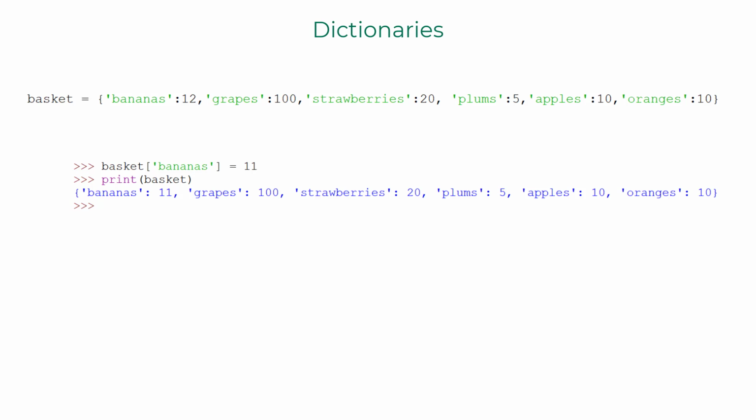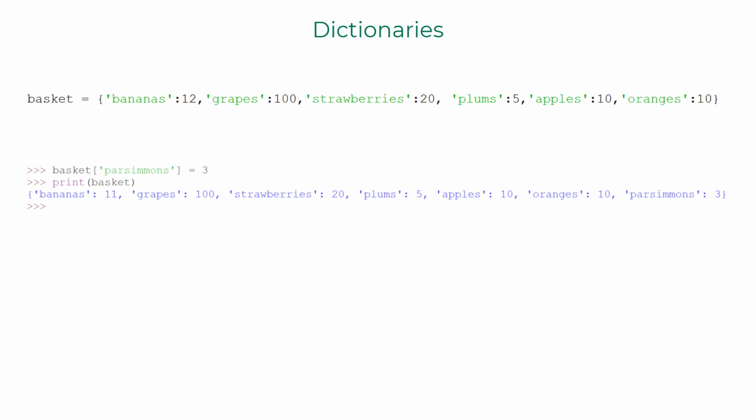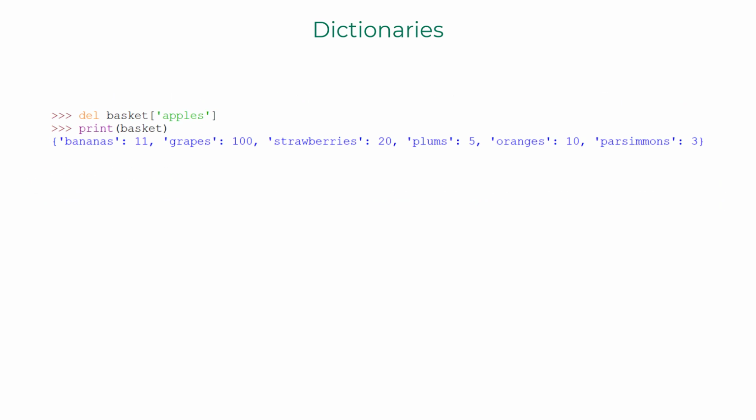Now let's say you added a new fruit to your basket and would like to add its key value pair to the dictionary. You can directly write it this way: basket of persimmons equals 3. If you no longer want apples to be part of your basket, you can use del to delete the key value pair this way.